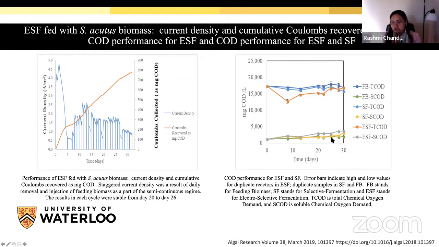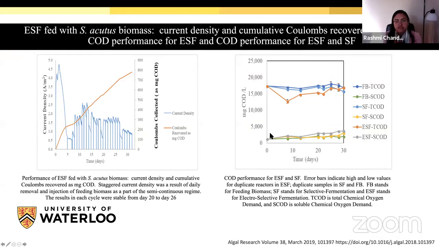And when we talk about soluble COD, it is getting higher, which means things are fermenting. This is a comparison with the feeding biomass, which was the initial, and the selective fermentation without any electrode setup, and with the electrode setup. With this figure, we can say that when you put electrode setups in a fermentation vessel, there is a higher degradation of total COD, and that results in an increase in dissolved COD in the system.